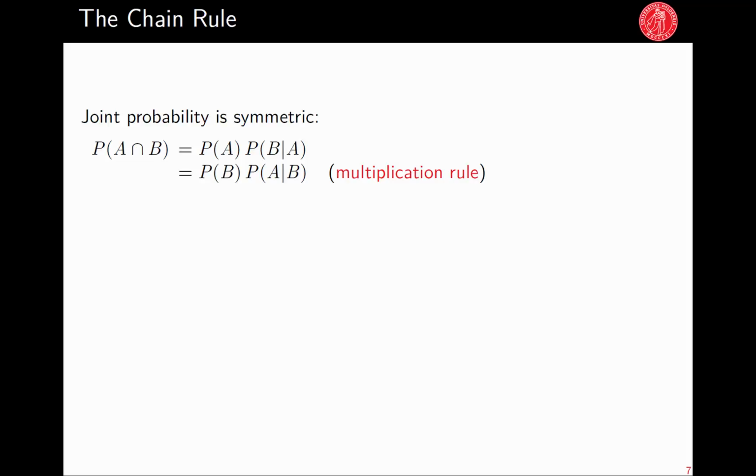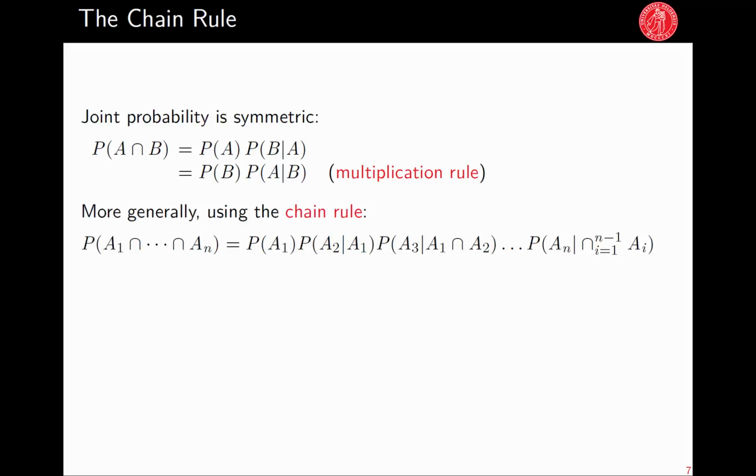The first thing is that there is a symmetry in explaining the joint probability of A and B as the probability of A times the probability of B given A. So A and B are true with the same probability as A being true and B being true given A. Or alternatively, the probability of B times the probability of A given B. That's often called the multiplication rule.